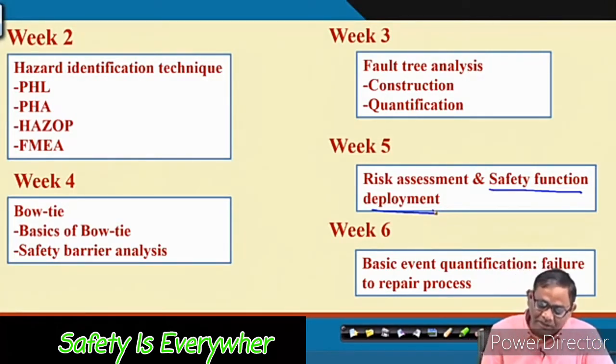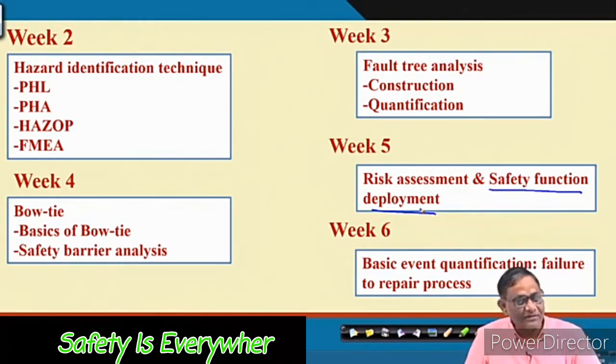So, after safety function deployment, we started with basic event quantification. I can tell you that from week 1 to week 5 these lectures are more on concepts, more on philosophy, more on models, more on functional aspects. Then in week 6 we shifted from this qualitative aspect to the quantitative part.